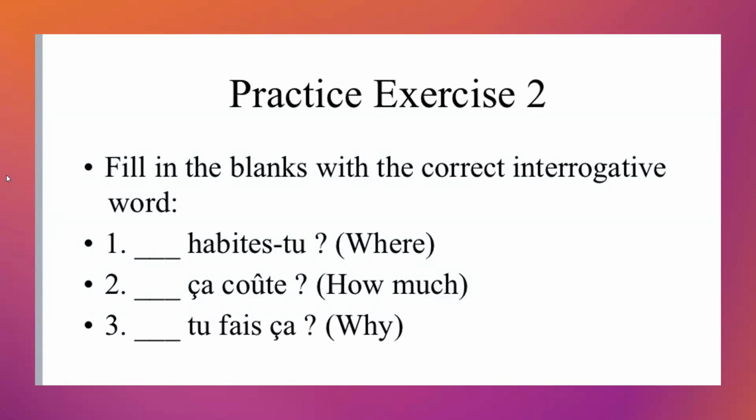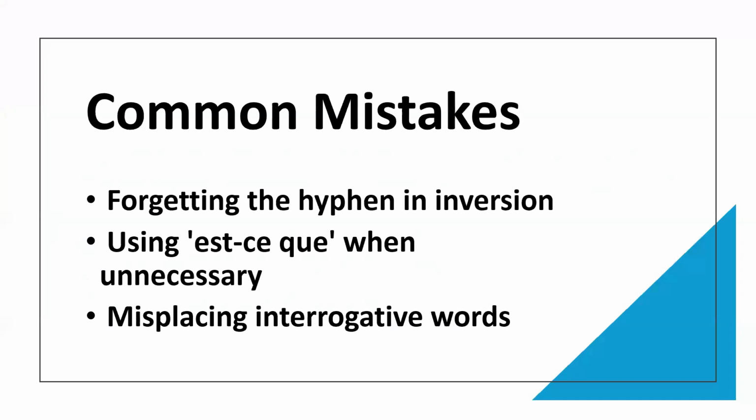So let's go to the next one. We are going to talk about common mistakes. The one you did, forgetting the hyphen in inversions. Using est-ce que when it is unnecessary. For example, when you could use inversions and you use est-ce que, it is not necessary, especially when you are talking to someone.